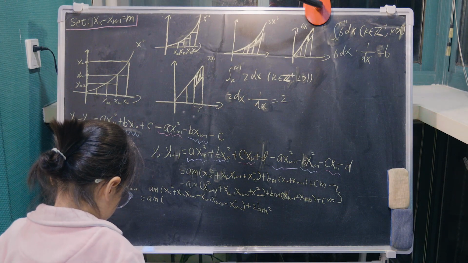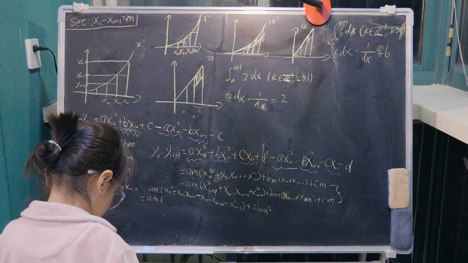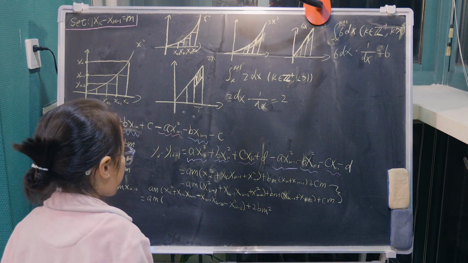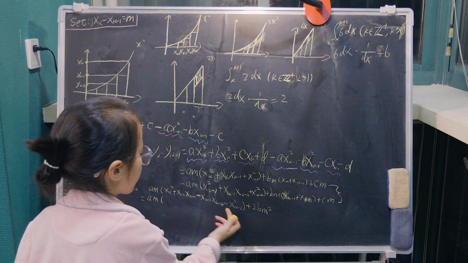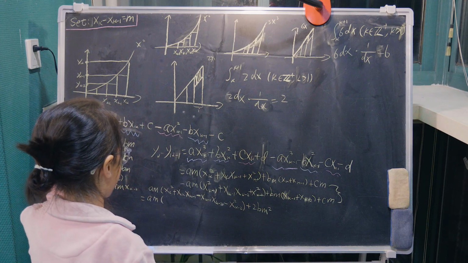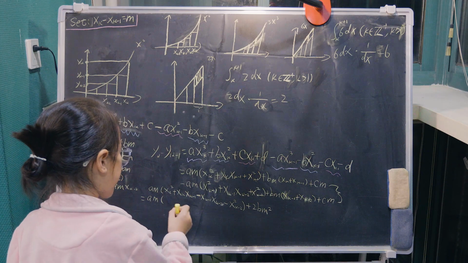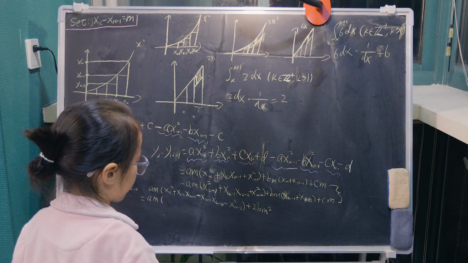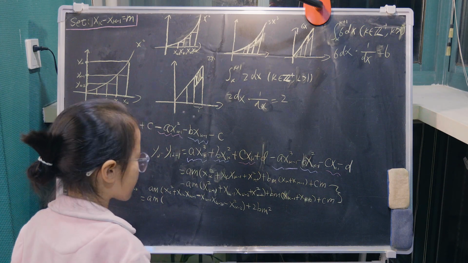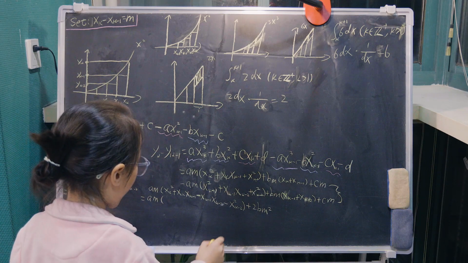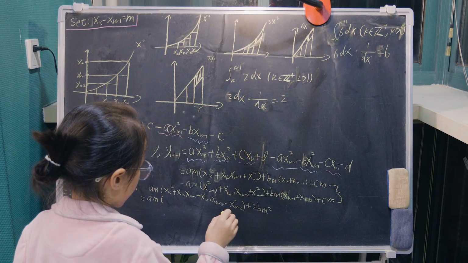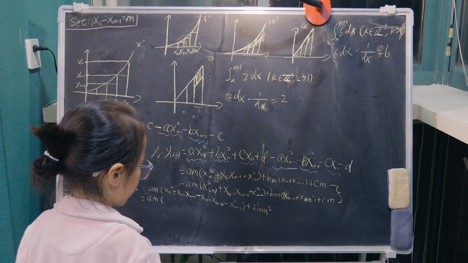First let's see these two parts, because we can use the same way: xk minus xk minus 2, bracket, times bracket, xk plus xk minus 2.